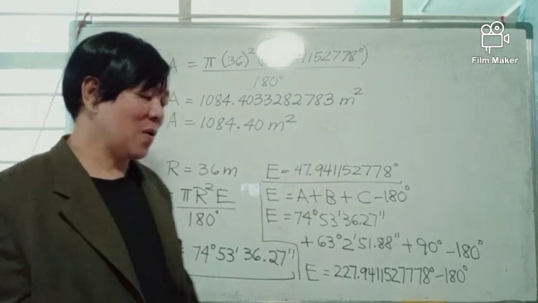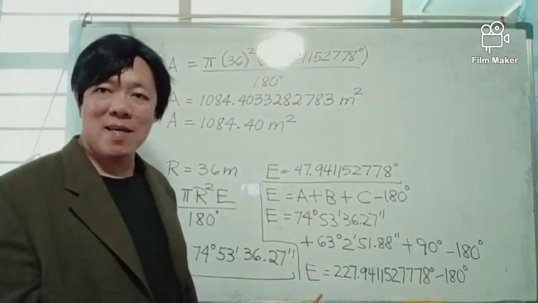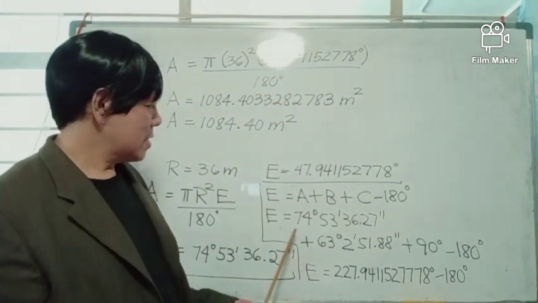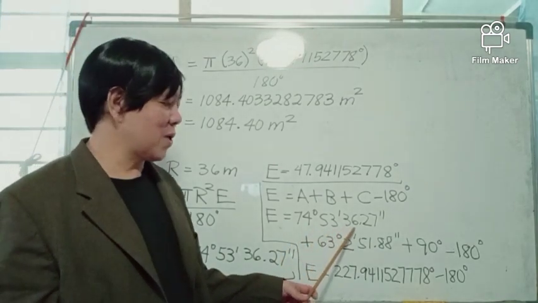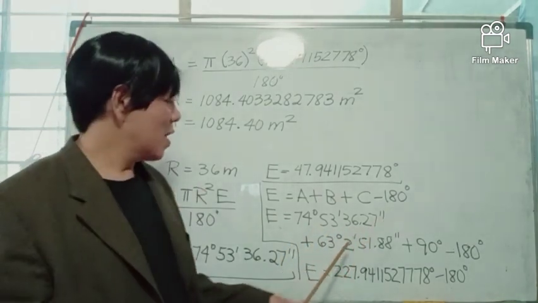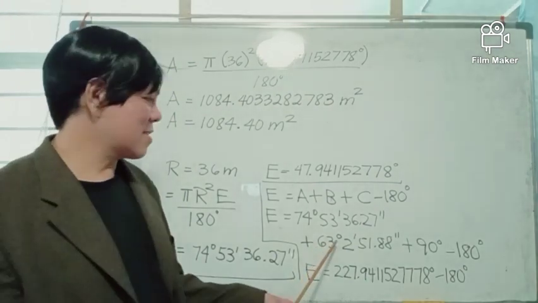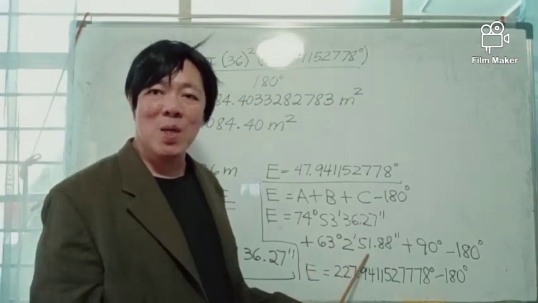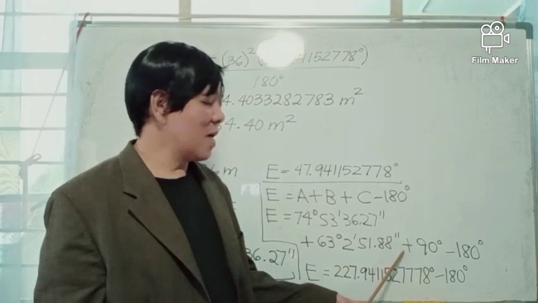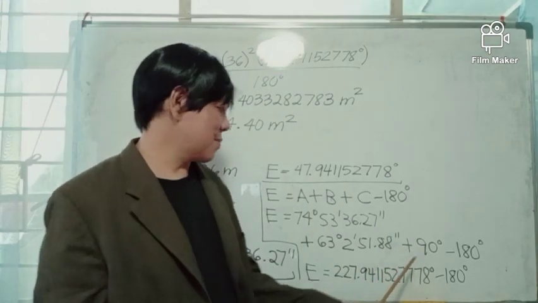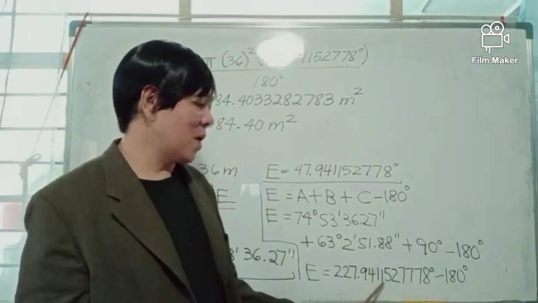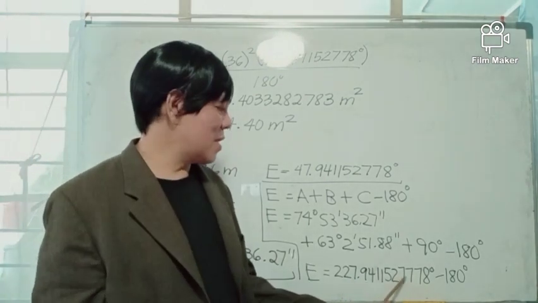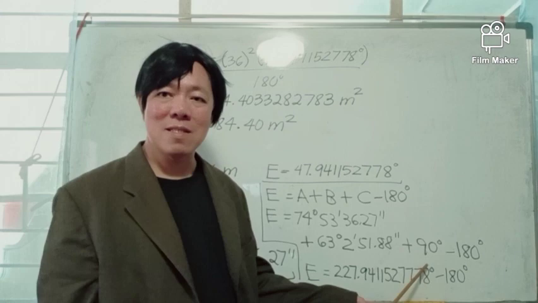Using your scientific calculator, we find the spherical excess, the sum of 74 degrees, 53 minutes, 36.27 seconds, plus 63 degrees, 2 minutes, 51.88 seconds, plus the right angle 90 degrees, is 227.9411527778 degrees.